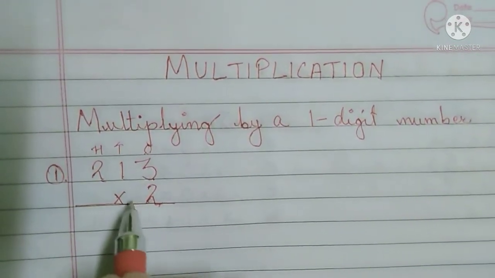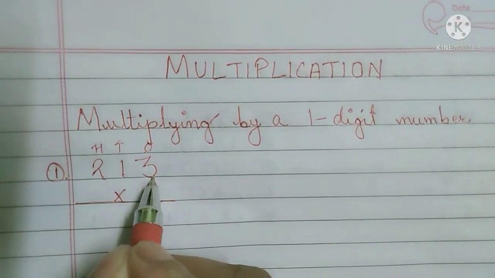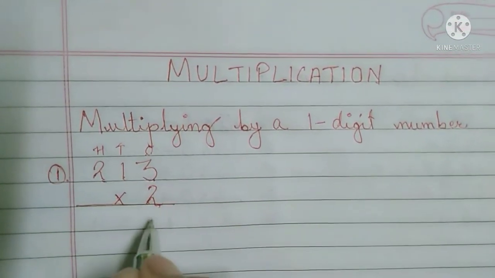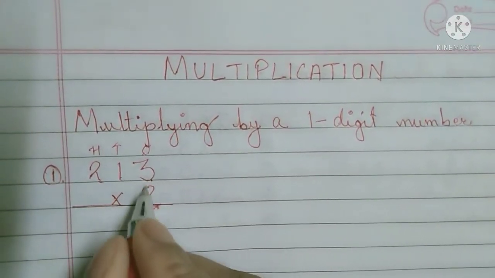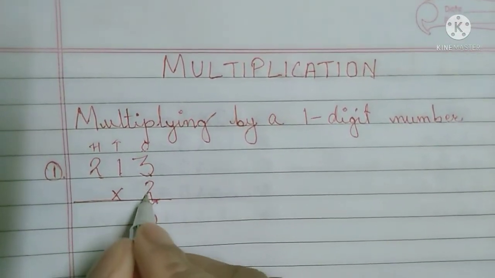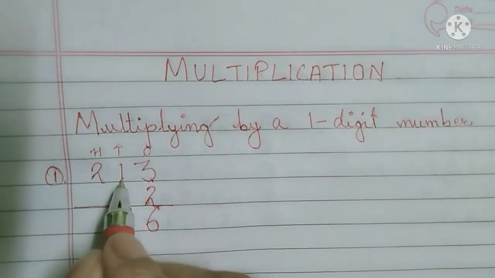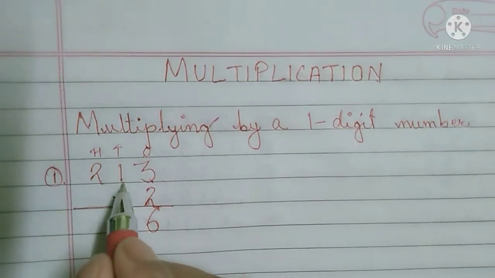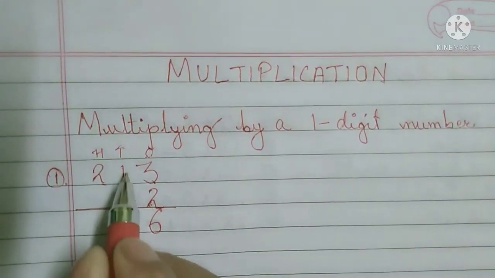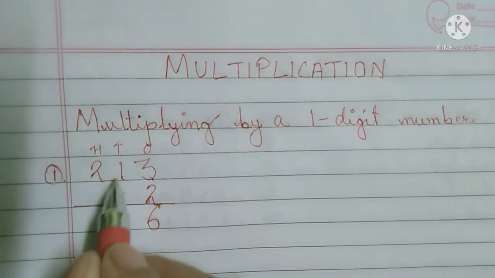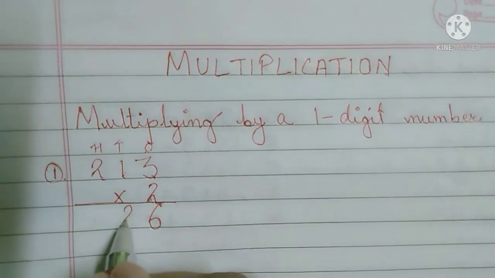So 2 multiply 3 equals 6. After multiplying these two numbers, we have to shift to tens place, and in tens place you can see there is 1. So with 2 again we need to multiply. 2 multiply 1 equals 2.